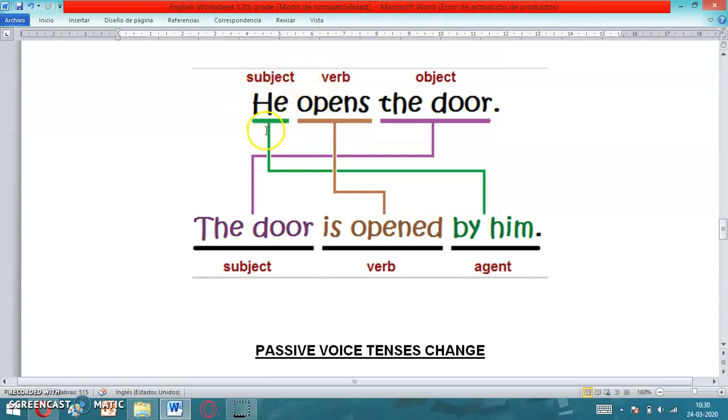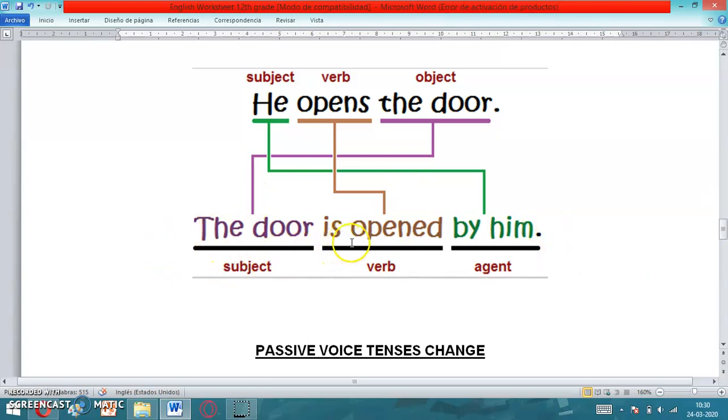The subject now becomes the agent or the person that does the action, but we leave it at the end of the sentence. We can also omit it if we don't know who does this action. Okay, so this is our passive sentence.